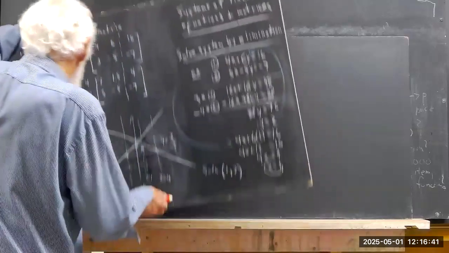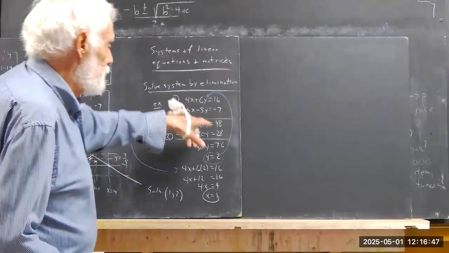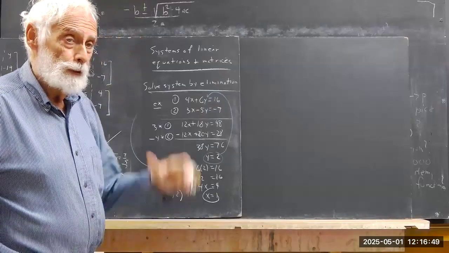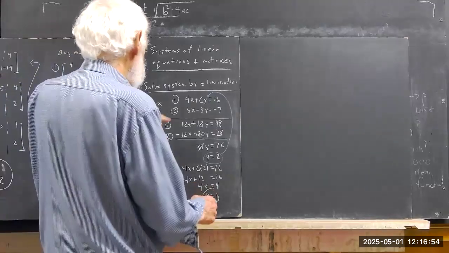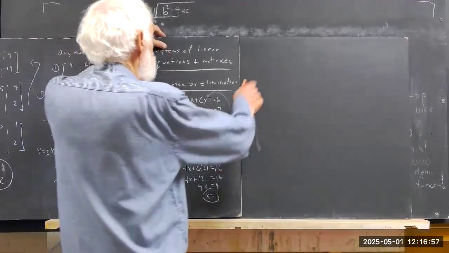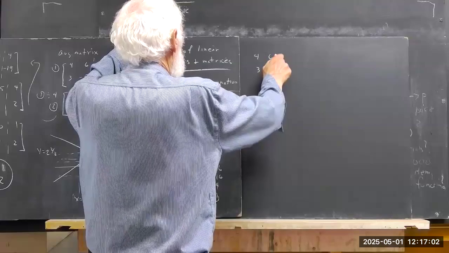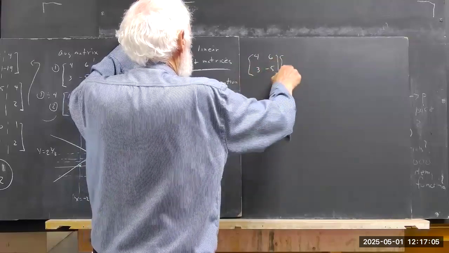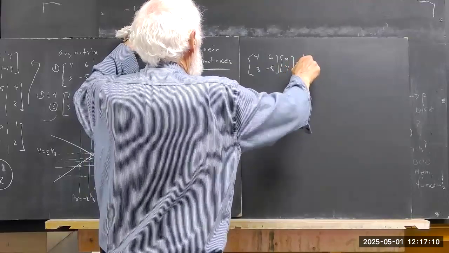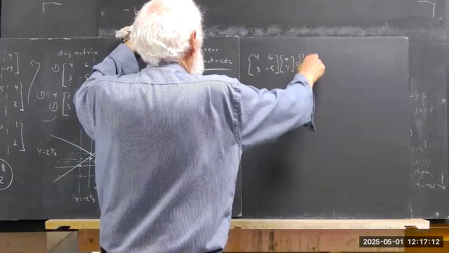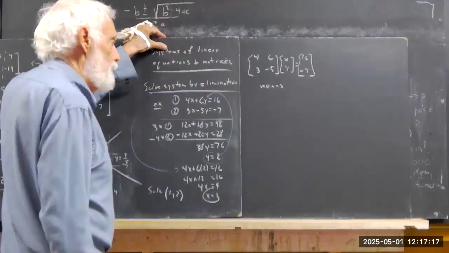You also need to know how to express the system as a matrix equation. It's been over a week since we did matrix multiplication, so maybe we ought to review that. Okay, this system is what?